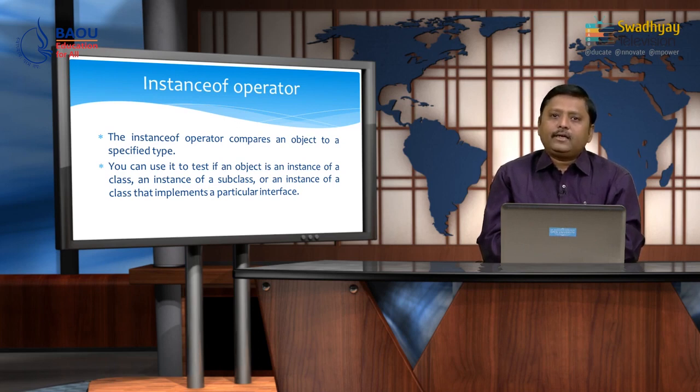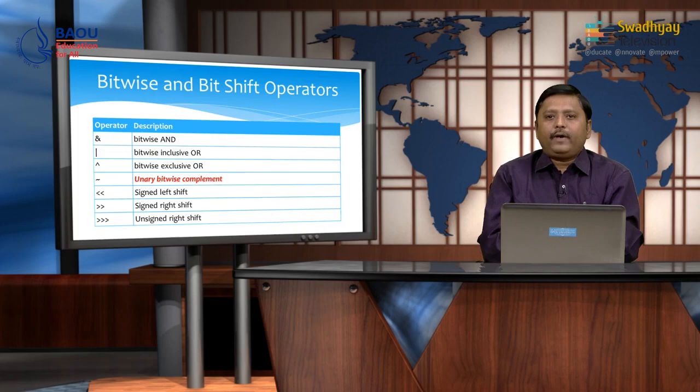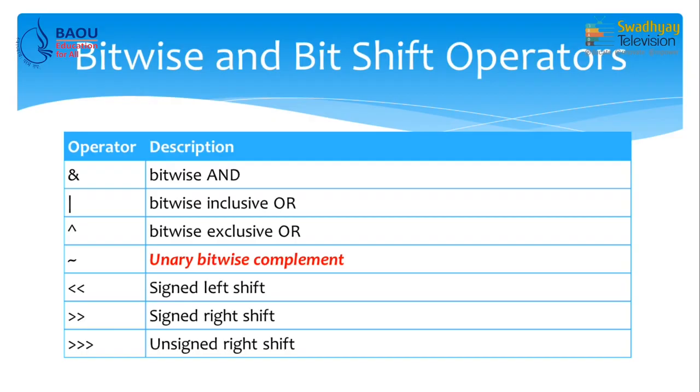So, we will discuss the instanceof operator when we learn inheritance later on, but right now we can remember that the instanceof operator is used to check whether a particular object is of a given type or not. The next operators are the bitwise and bit shift operators. Now, as the name suggests, they operate on bits.